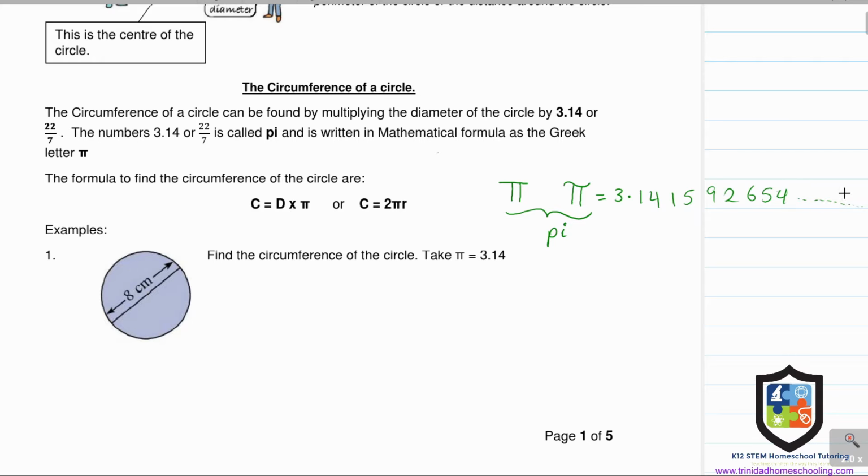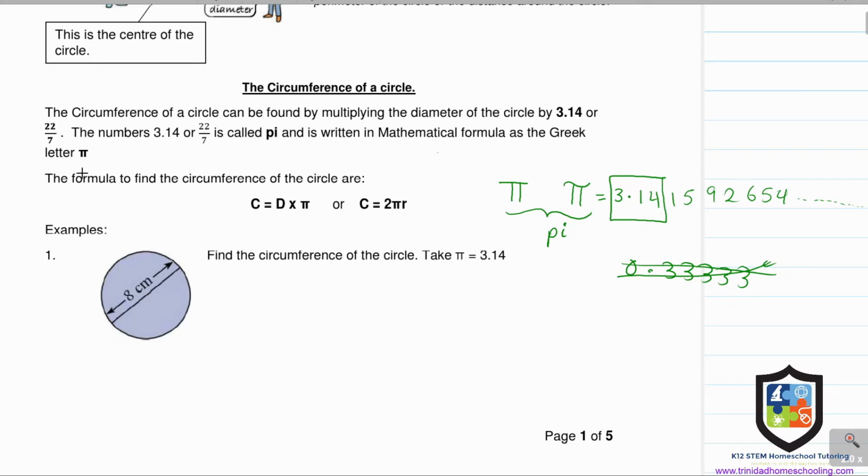It's not a recurring number. A recurring number is like 3.3333 recurring. This number doesn't repeat. So what we use in maths as our pi is just these first 3 digits, or we use 22 divided by 7.